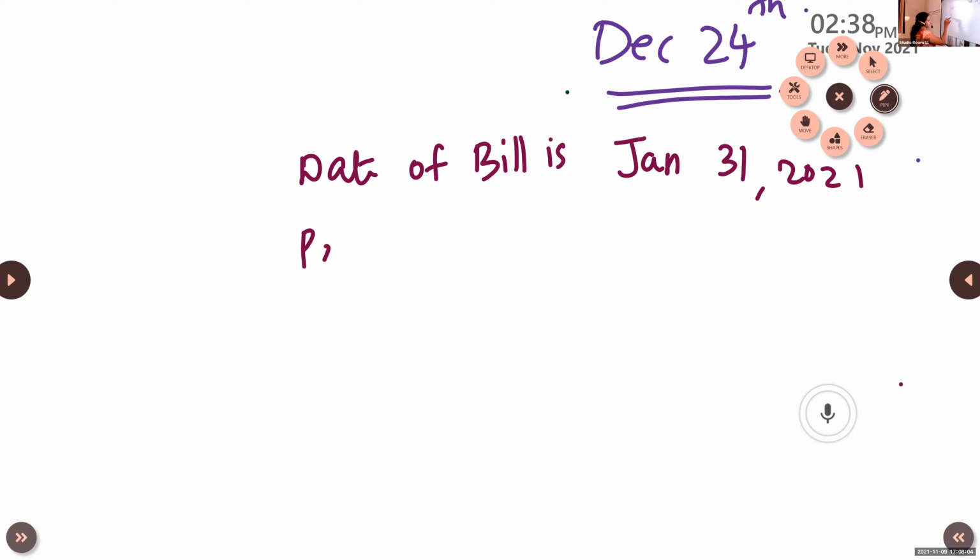Period of bill 25 days. Okay, fine. Clear now? Date of bill is Jan 31st and calculate the due date. Period of bill 25 days.